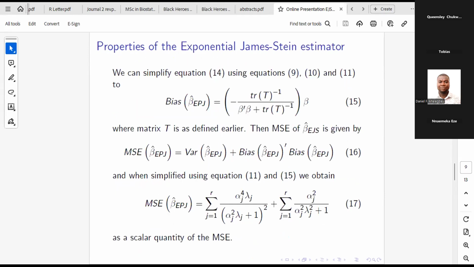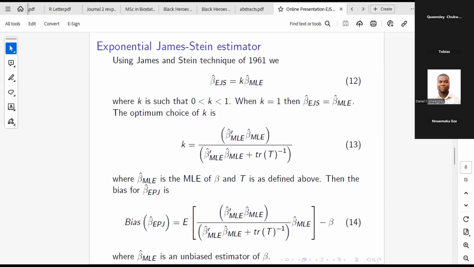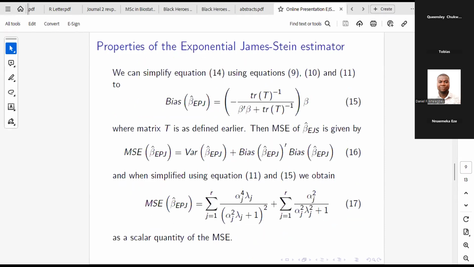Therefore, with that bias given, we can easily look at the properties of the exponential James-Stein estimator in terms of the mean square error. The mean squared error is calculated by the variance of the estimator plus the squared bias of the estimator.